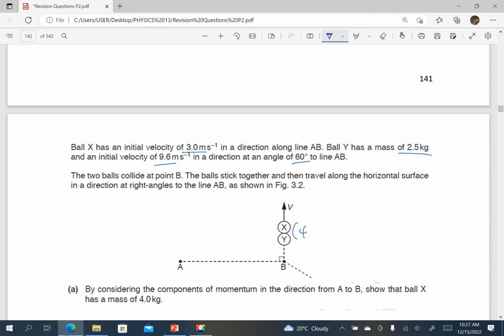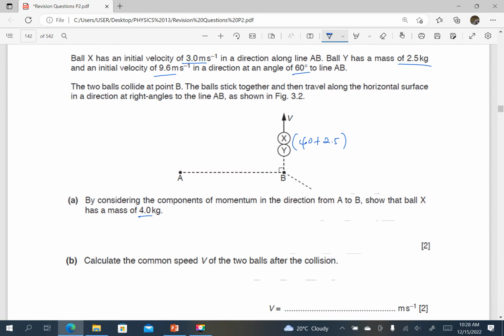Here they said, by considering conservation of components of momentum in the direction from A to B, show that ball X has a mass of 4.0, meaning this is 4.0 plus 2.5, the total mass here.